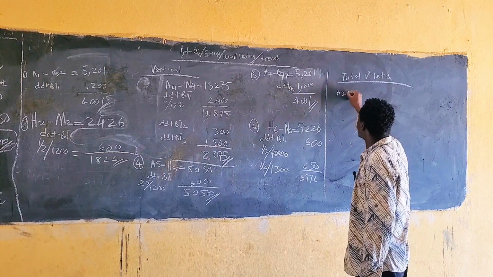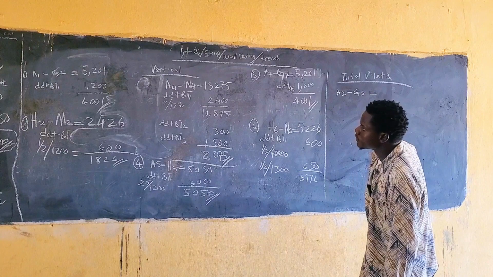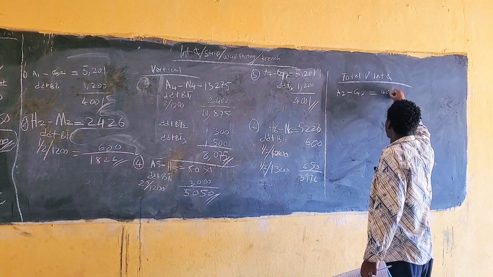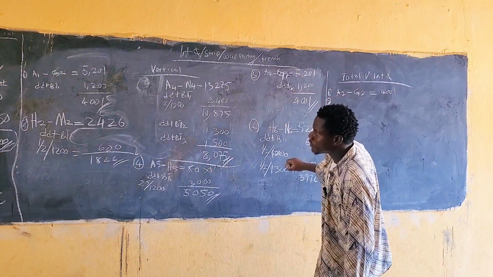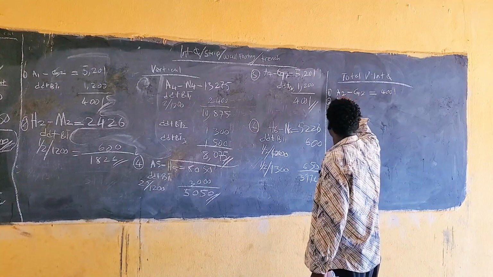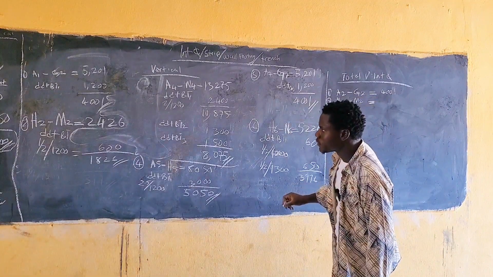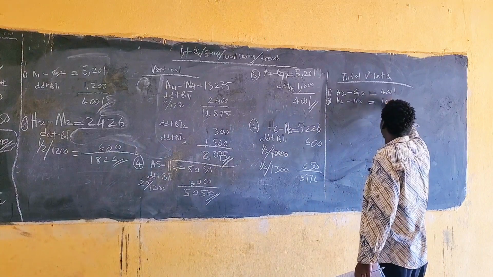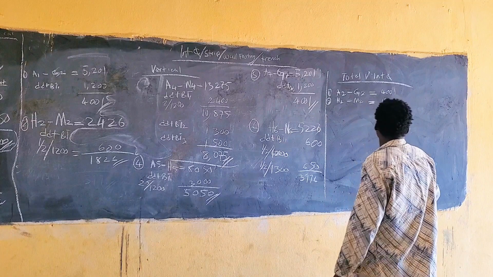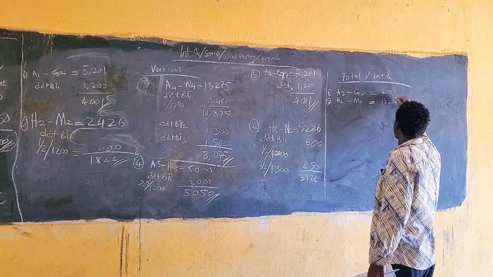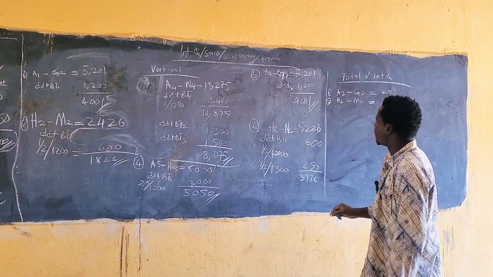So the first one, A2 to G2, we got 4,001. Second, H2 to M2 equals 1,826.